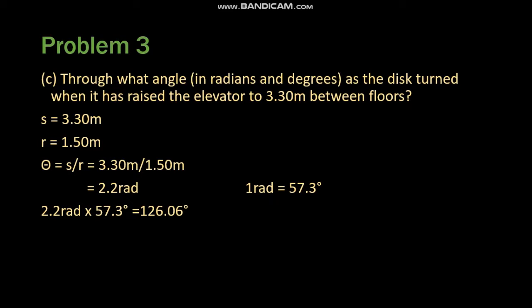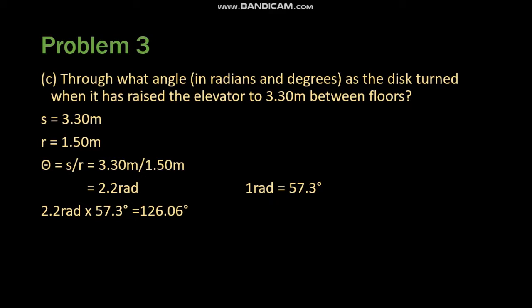So we list that down because, as we stated in the previous slide, the arc length is equal to the displacement of the cable. So the displacement is equal to the arc length.